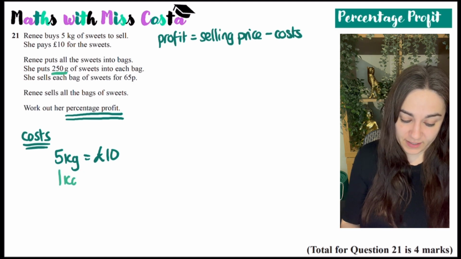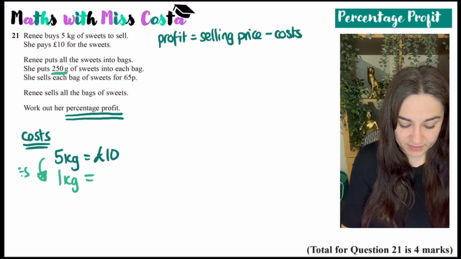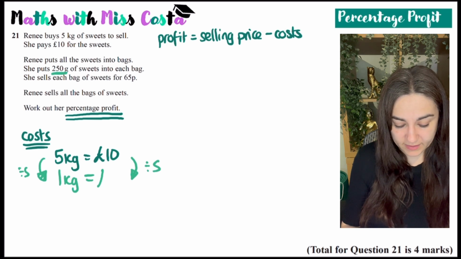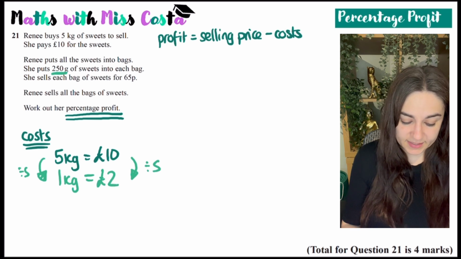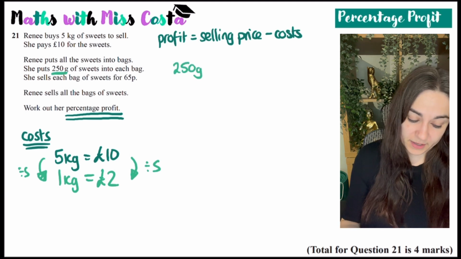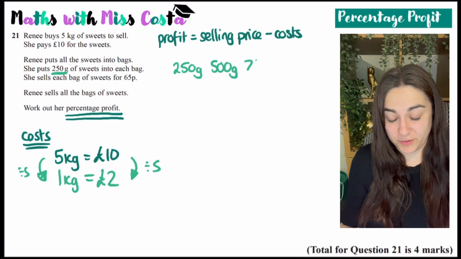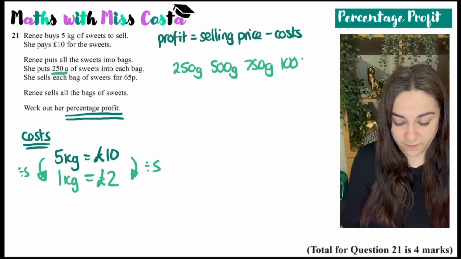So I know that 5 kilograms is £10. I could then work out what 1 kilogram must be. So 5 divided by 5 gives you 1. So I'm going to do the same to this side. So 10 divided by 5 is £2. And I know, well, I might not know, but 250 grams, I could go up in my 250s. Then I've got 500 grams, 750 grams, then 1000 grams, which is 1 kilogram.